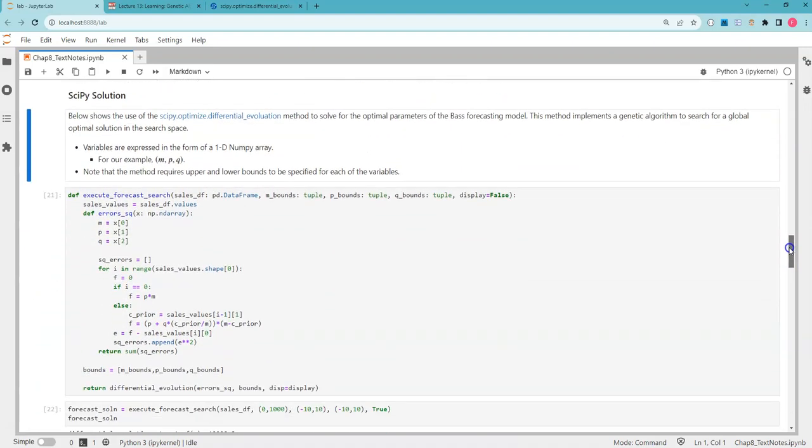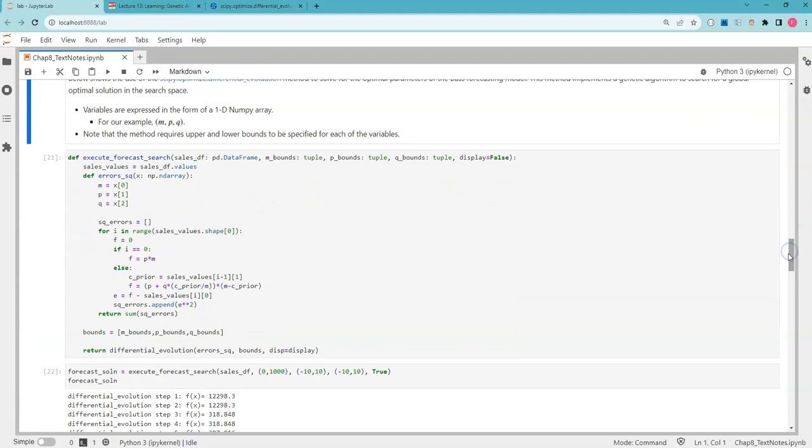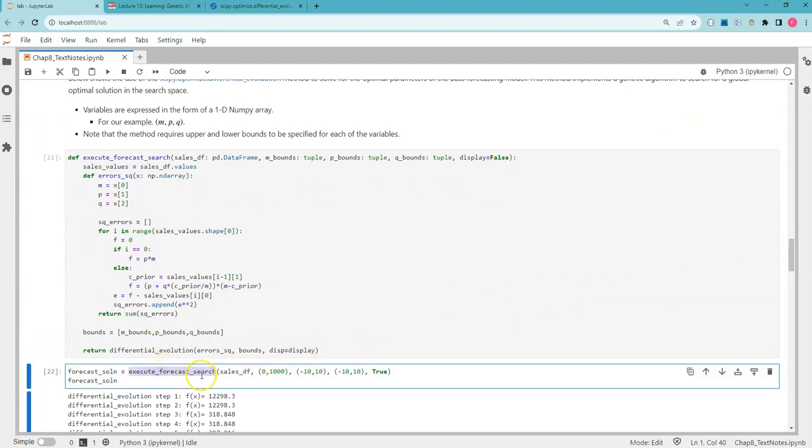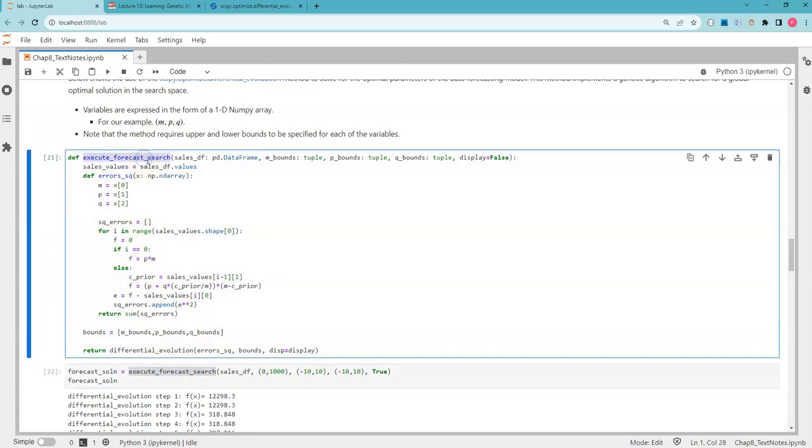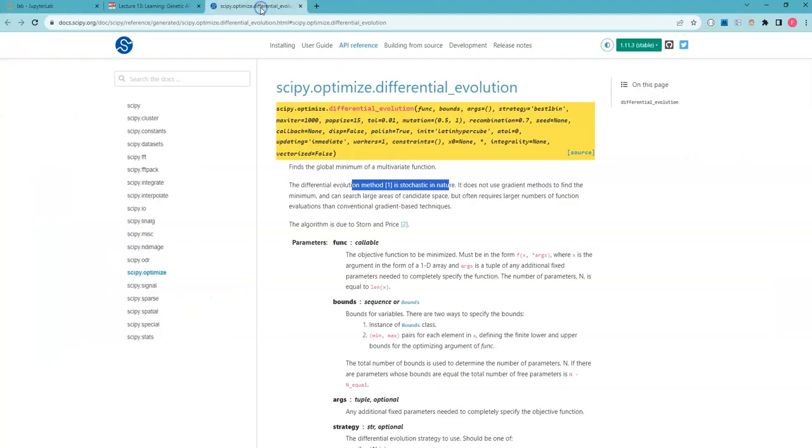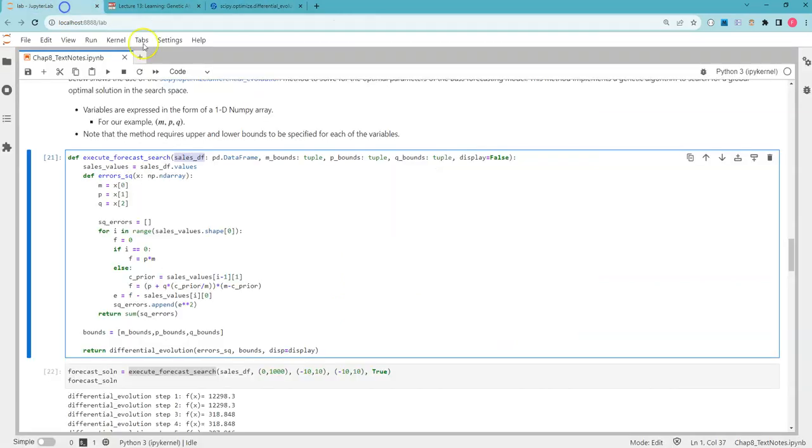And we'll just slide down here to see some of that Python code. And so you can see most of this I've implemented inside of a function. It's called execute forecast search, which is defined here. I'm passing in the entire sales data frame, and then I've got bounds for M, P, and Q. That's one of the requirements here. Notice I've got bounds for variables is a required parameter inside of the differential solver there.